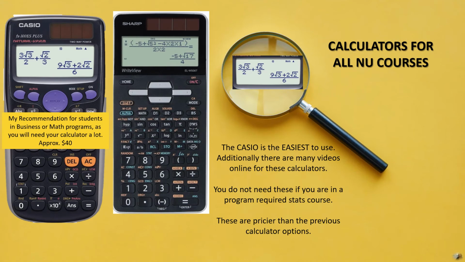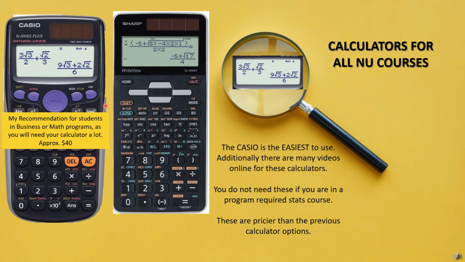Now, for other courses, for example, if you're in the business program or the math program, you may want to purchase a slightly more expensive calculator. Those previous ones definitely will work. But if you anticipate that you don't like fractions, for example, or that you're going to need to use the quadratic formula, these calculators are good for that.